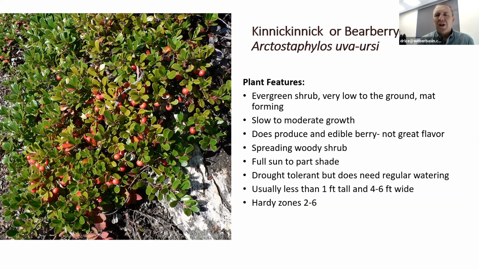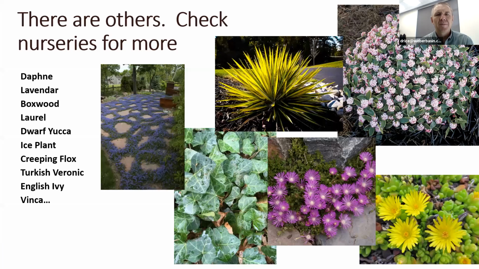But this is a woody shrub, nice, low to the ground, very dense, drought tolerant, but could stand to have a little extra water. But if you want to come and see these, you can. There's several varieties of kinnikinick. Some of them are more upright, bigger leaves, lots of different things happening in the cultivations of those. But the one I'm showing here is the nice low to the ground, nice ground cover type kinnikinick.